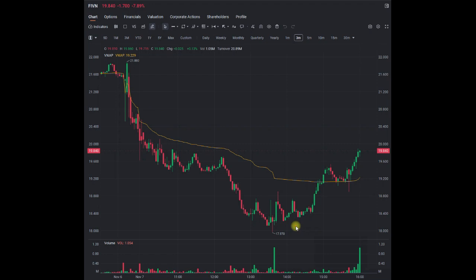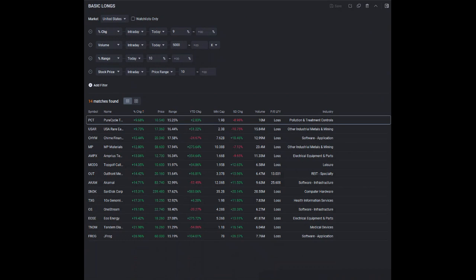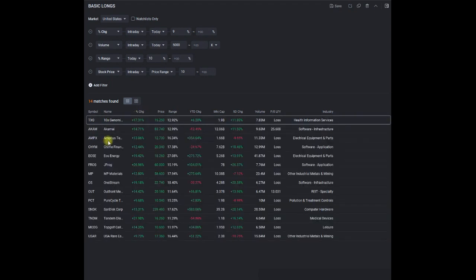Now let's take a look at the long ideas. The same strategy applies, obviously. So we're looking at stocks that delivered mainly gap ups on earnings. Let's take a look at the biggest winners on the list.